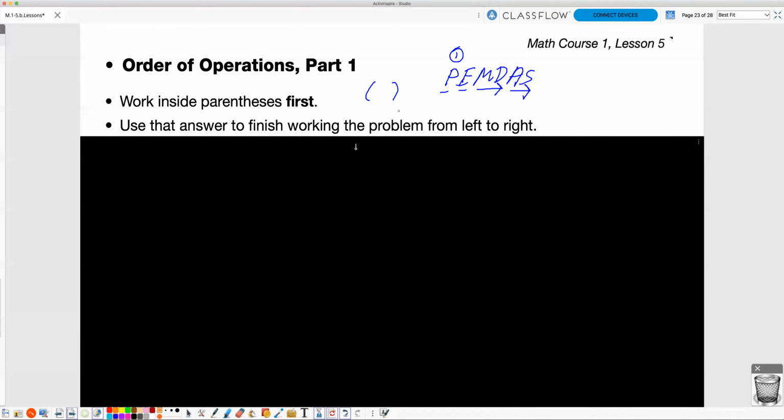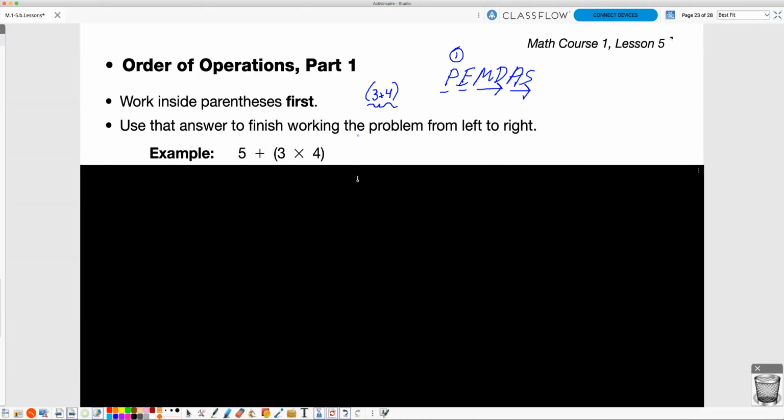And then you would use that answer that's inside of the parentheses. So if it was like 3 plus 4 inside the parentheses, you would have to answer that first. Once you've completed answering that, then you would work around that. So here's an example.